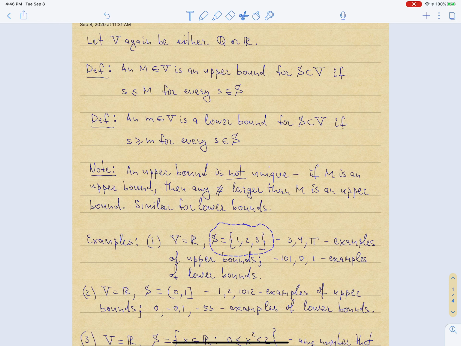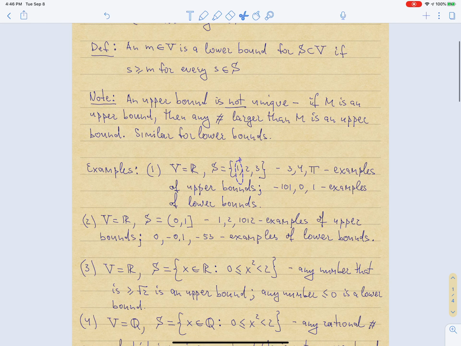So 3, in fact, itself is an upper bound because everybody in my set is less or equal than 3. 4 is an upper bound, pi is an upper bound, 17.63 is an upper bound, etc. And in a similar way, the smallest number in the set is 1. So then 1 or anything below it is going to be a lower bound. So in particular, 0 is a lower bound, any negative number is a lower bound, etc.